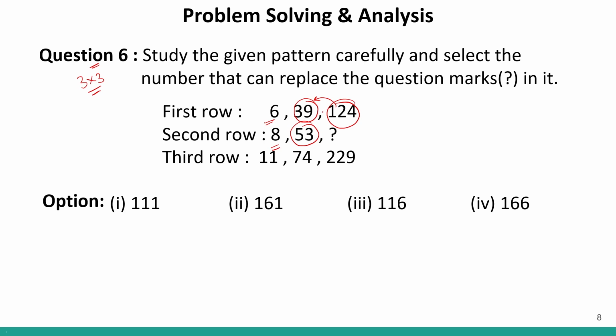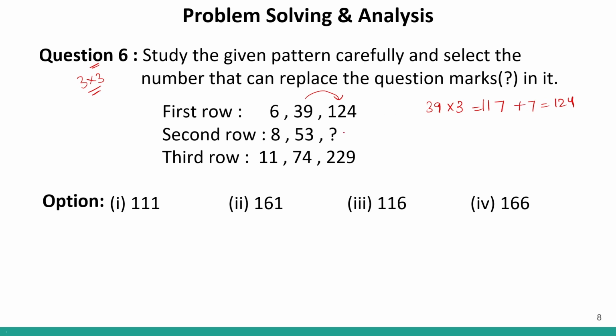So let us check. Now, how is 39 related to 124? So 39 into 3 will give me 117. If I add 7 to this, I'll get 124.